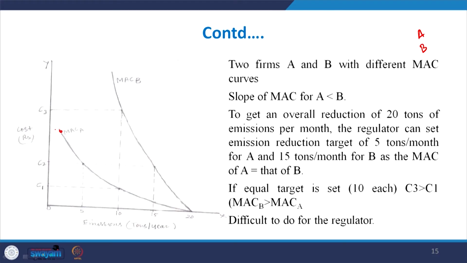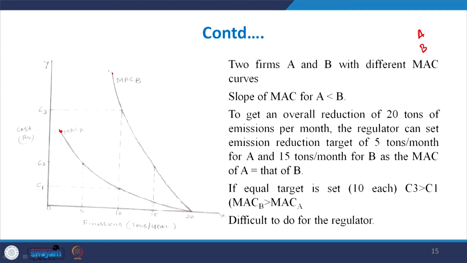This is the marginal abatement cost curve of A firm, then the marginal abatement cost of B firm is shown here, and now on the horizontal axis the emission level is shown in tons of CO2 equivalent per year, and on the vertical axis we have cost.